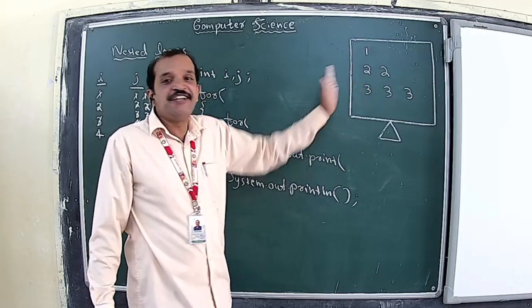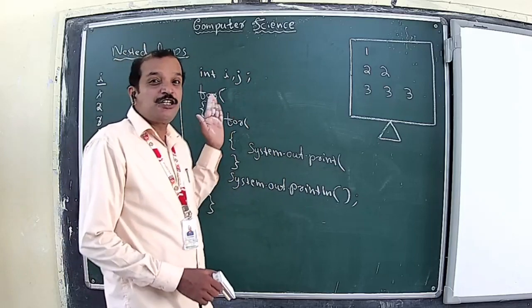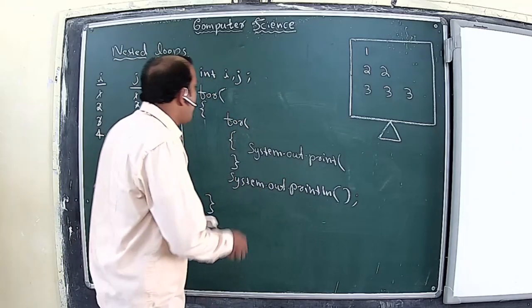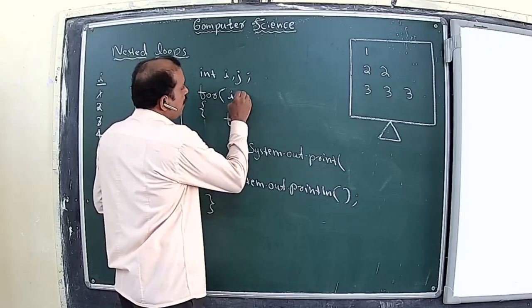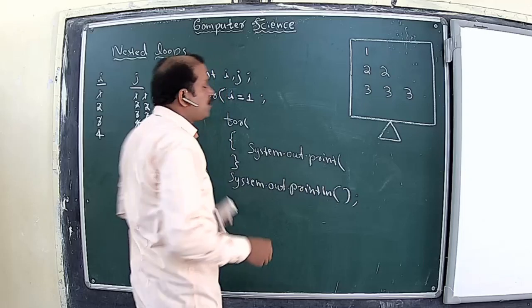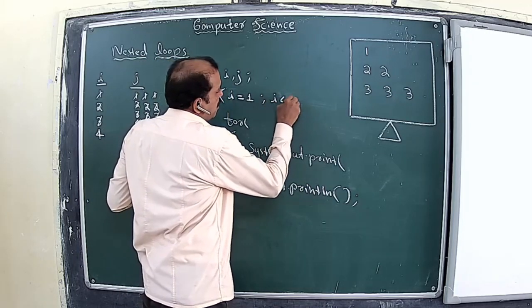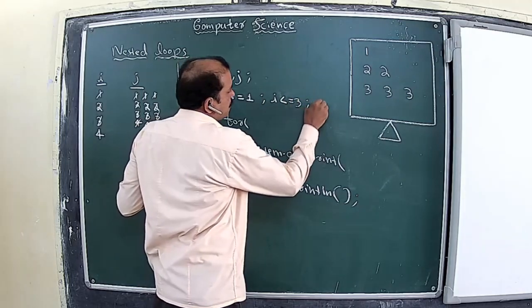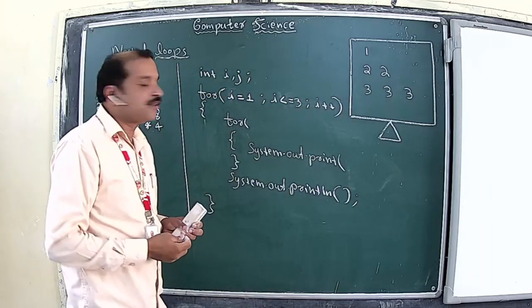Therefore, the value of the outer loop control variable, that is i, should iterate from 1 to 3. i equal to 1, that is 3 times, causing 3 rows to occur. i less than or equal to 3, i plus plus.